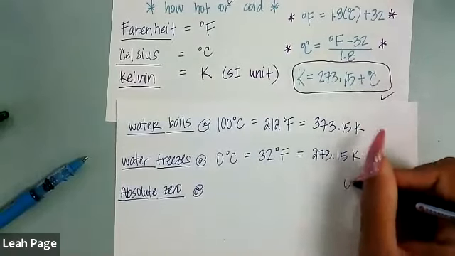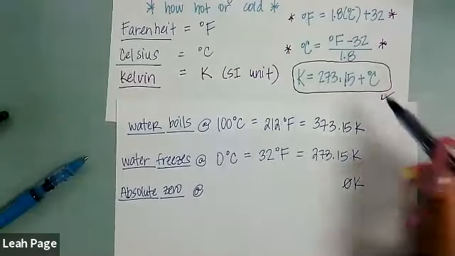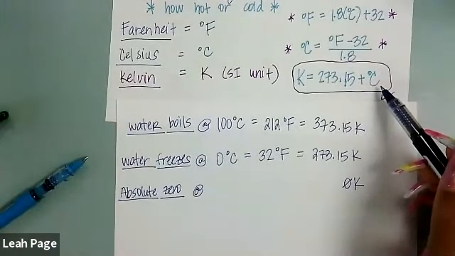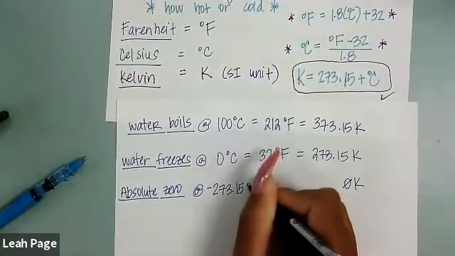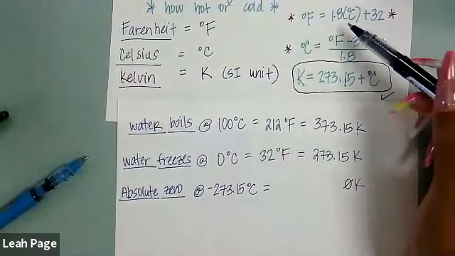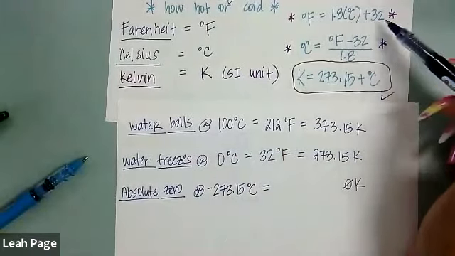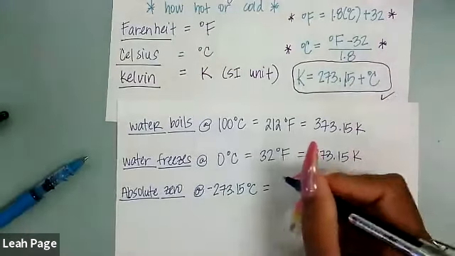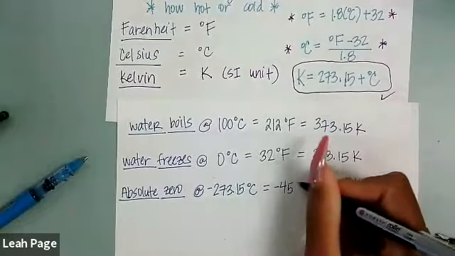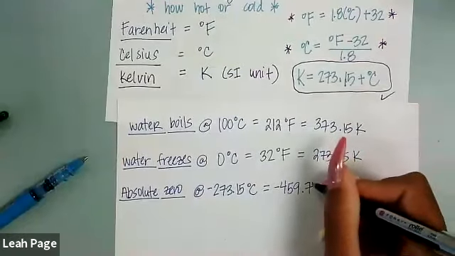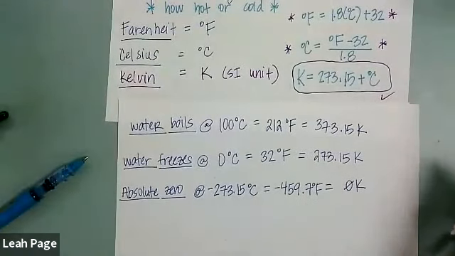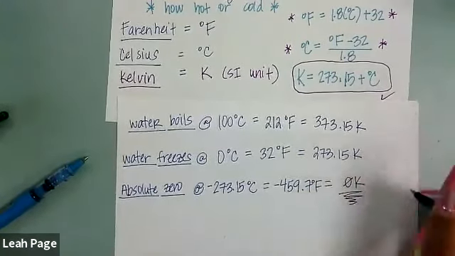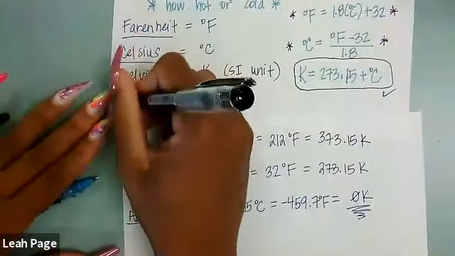If I plug in 0 and solve for Celsius, I'm going to get negative 273.15 degrees Celsius. And then I plug in that negative 273.15 and solve for degrees Fahrenheit. I'm going to end up getting negative 459.7 degrees Fahrenheit. So you're saying nothing can get colder than absolute zero? Yeah. Okay. And I'll just say the Kelvin scale gives us absolute zero.